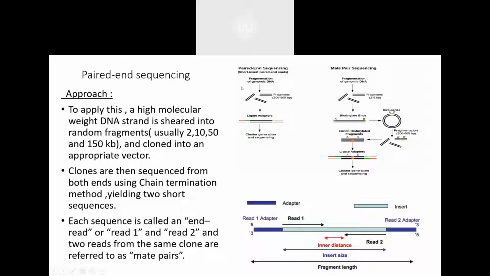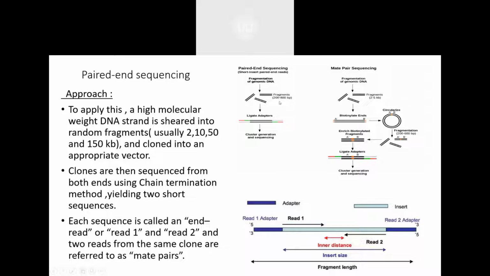Also, in the diagram mentioned at the top, we have paired end sequencing and mate pair sequencing. So this was the cloning and this entire process using vectors and then the chain termination method. Other than that, we can also do this by fragmenting the genomic DNA.